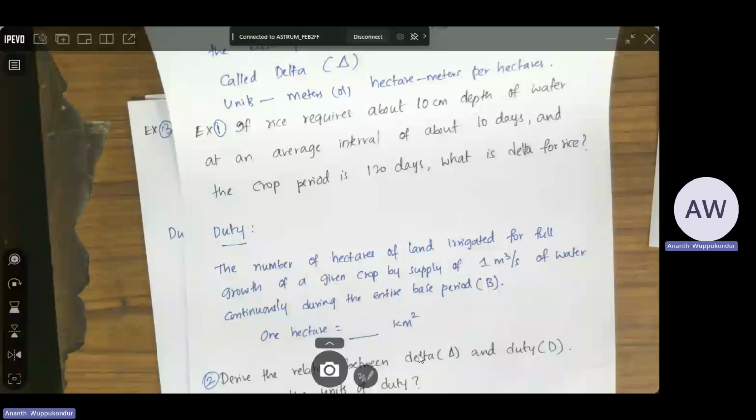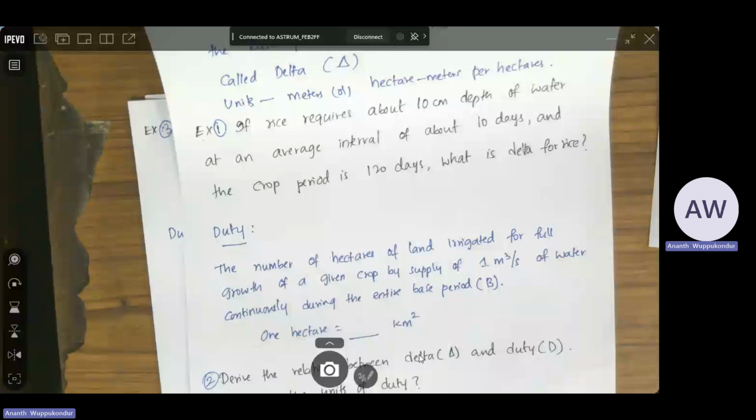For some crops the number of times that you need to provide water also changes, right?